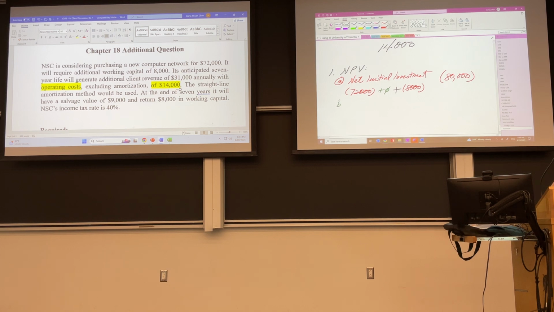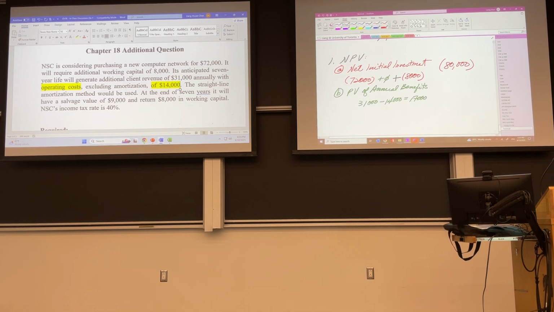Number two, present value of annual benefits. Okay? So if I invest in this network, revenue 31,000, but additional cost will be 14,000. So I make 17,000. Do not include depreciation.